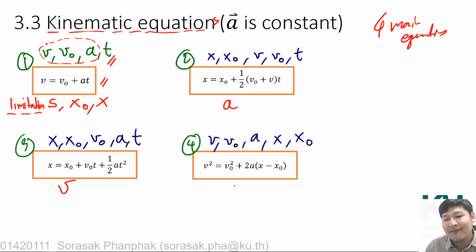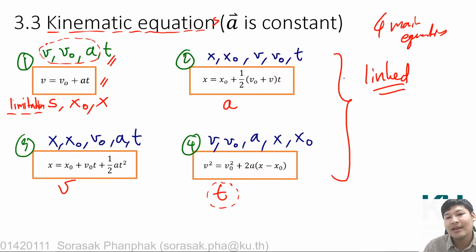But you don't have the information of time. If you have something that involves this equation's relation, please use this equation. But if you don't have anything about the time or are asking about the time, please don't use this equation. However, these four main equations are linked together, so you can use two equations to solve one problem.